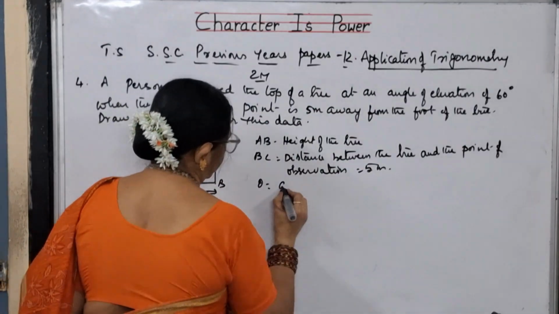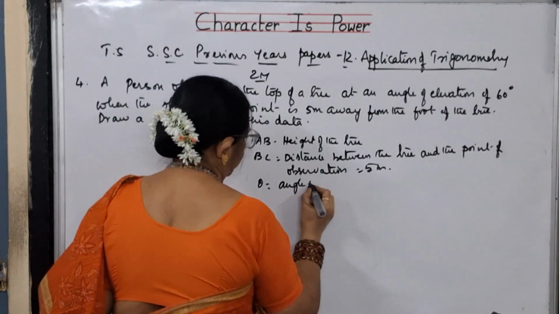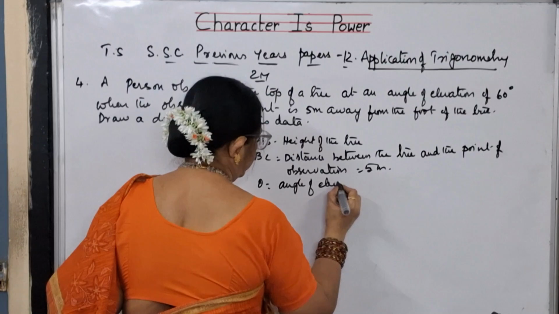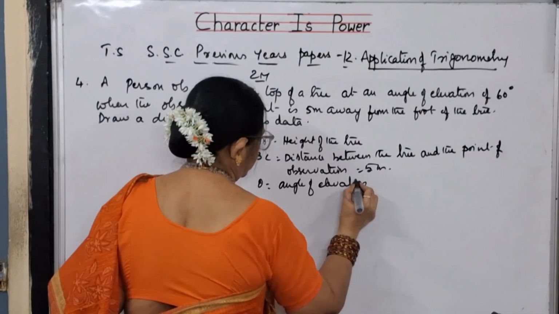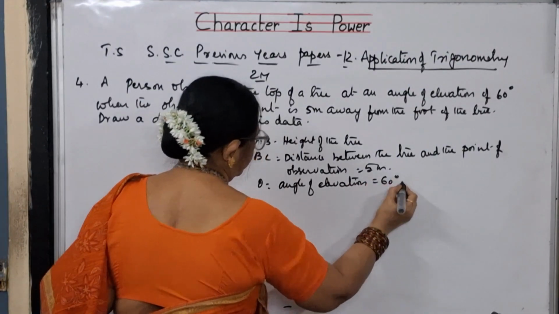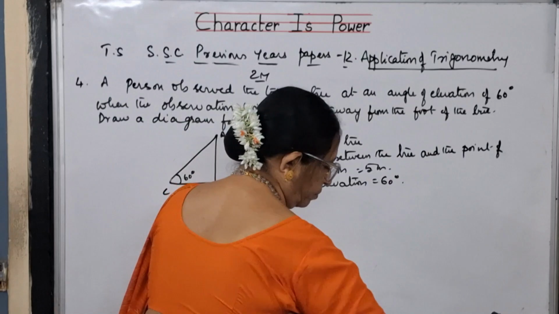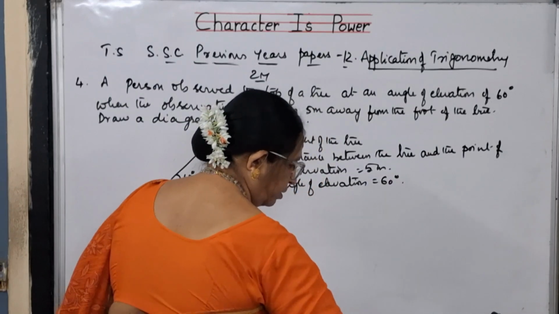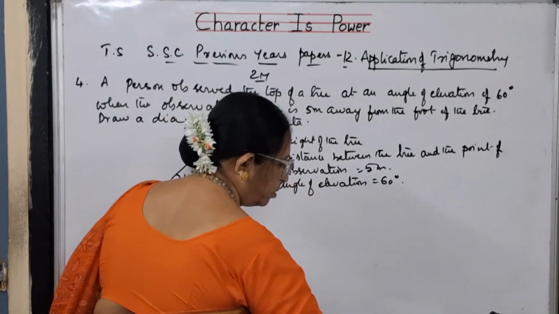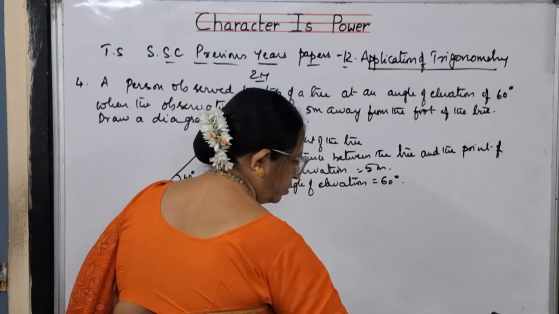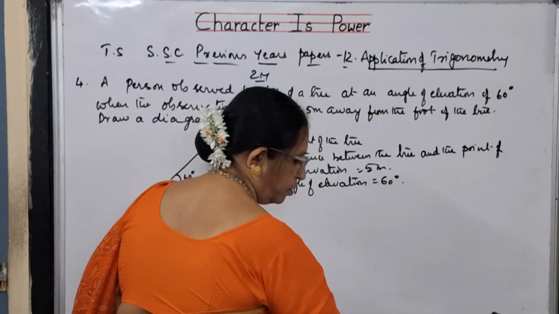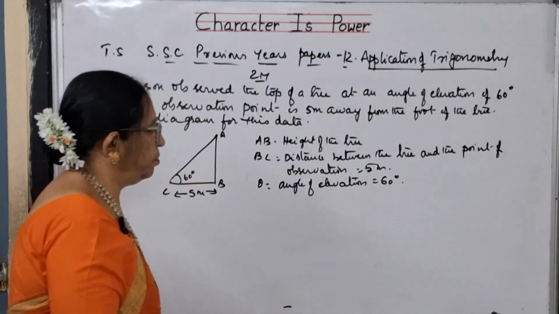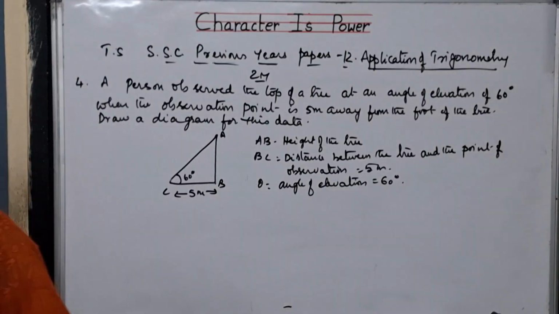Theta is the angle of elevation, which is nothing but 60 degrees. So this is the one, children. Write down this. This is the fourth problem.